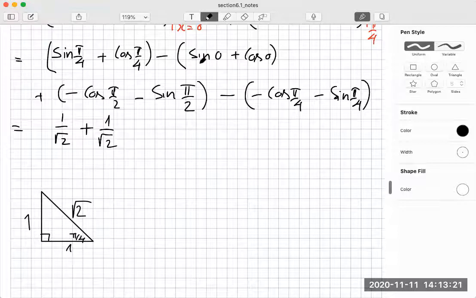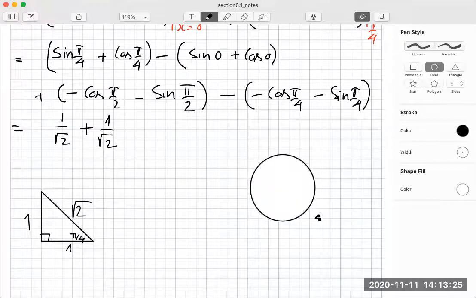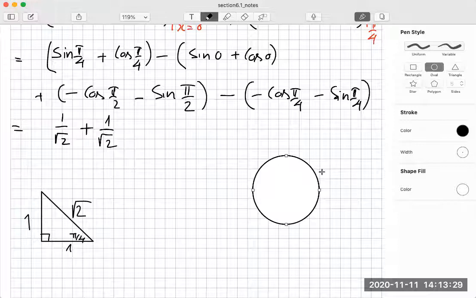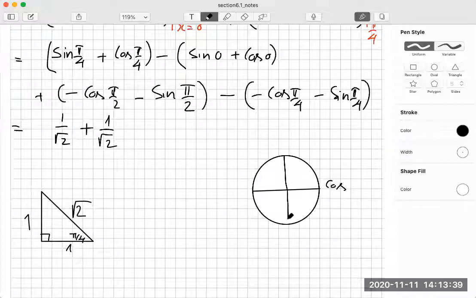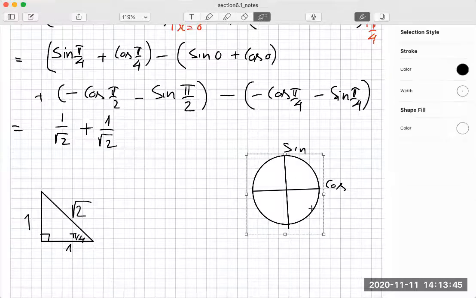Sine of 0? Sine of 0 is 0. Right? Sine of 0 is 0.